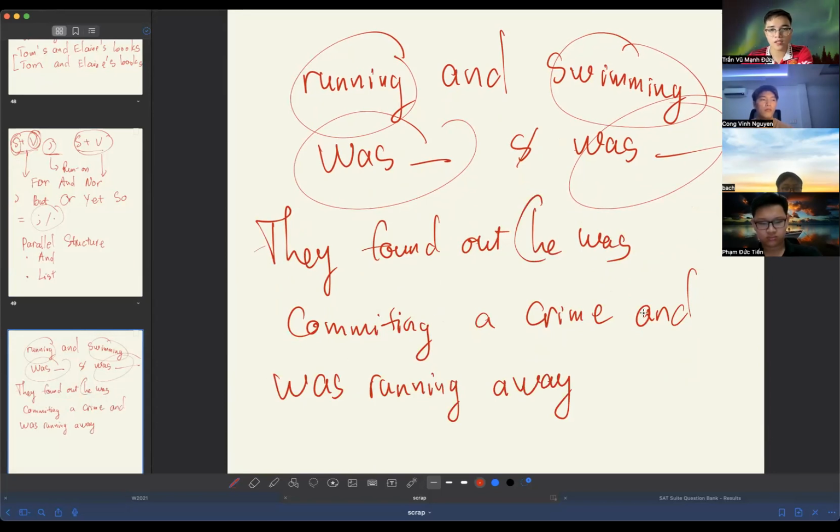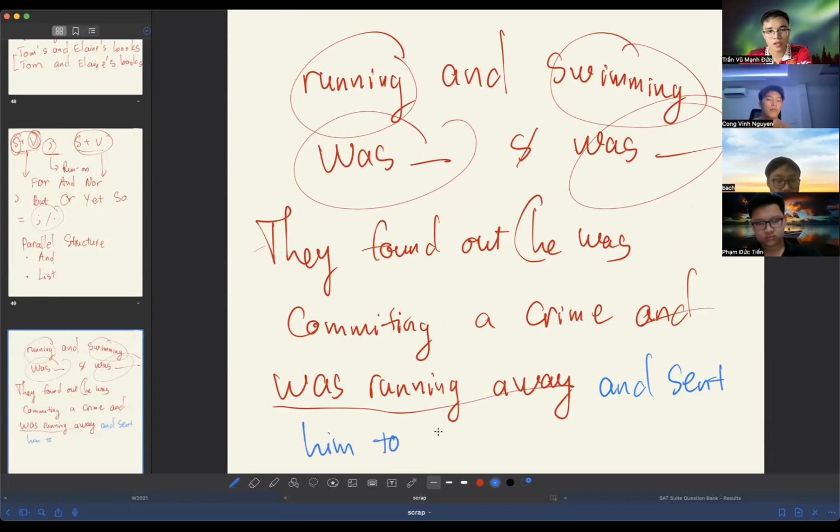But if I say, instead of and was running away, and sent him to jail, what do you think the verb is that is being paralleled in this case? Dian, can you tell me? What's the verb that's being paralleled in this case?